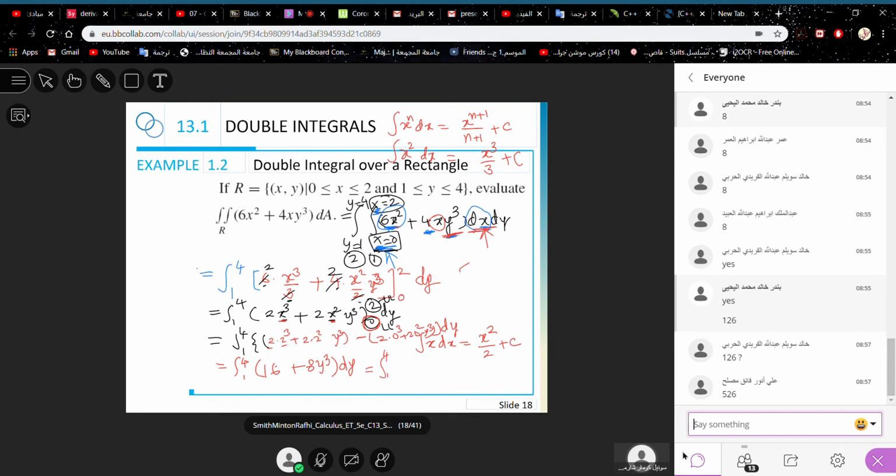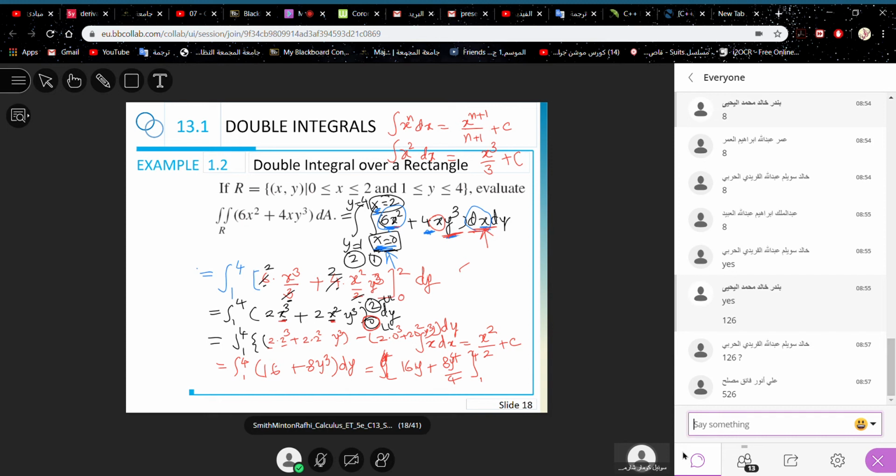We will integrate directly: 16y plus 8y to the power 4 upon 4, limit 1 to 4.